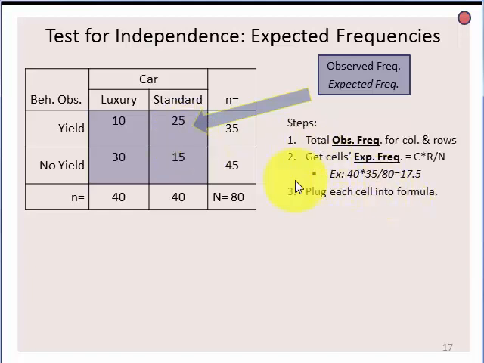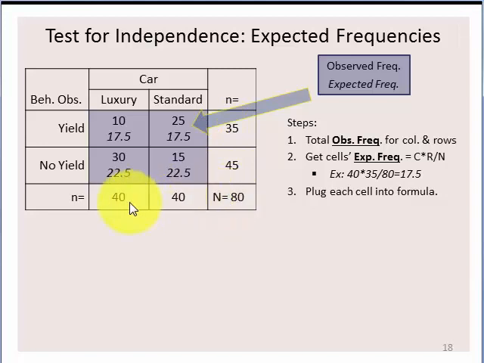So here are the steps that you're going to work through. First, you're totaling the observed frequencies to get the Ns, and then we're going to get each cell's expected frequency as follows. You're going to take the column total times the row total and then divide by the grand total.